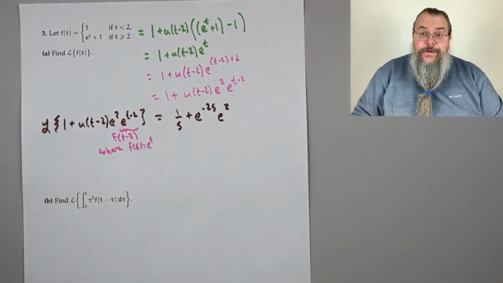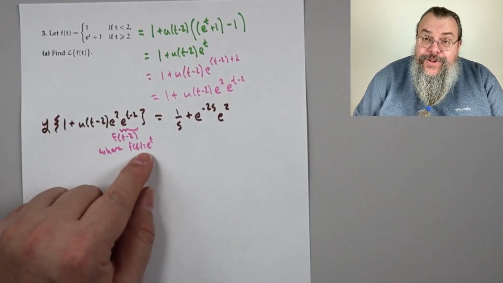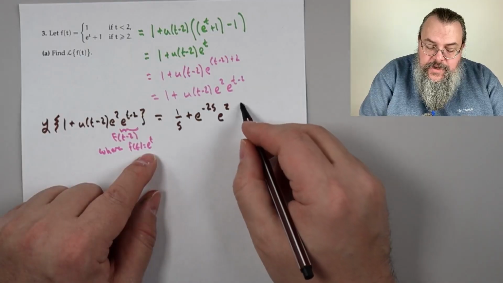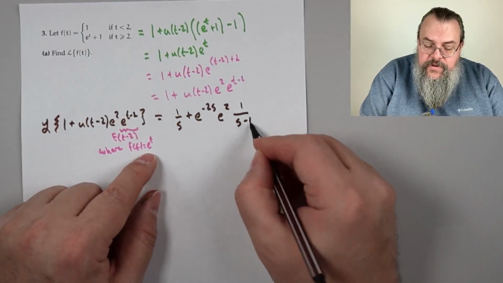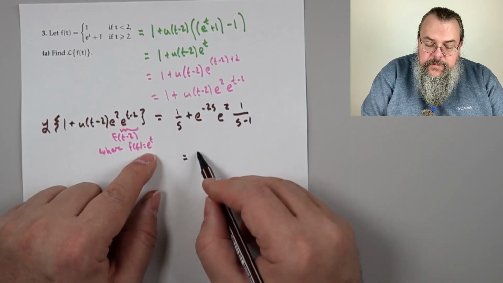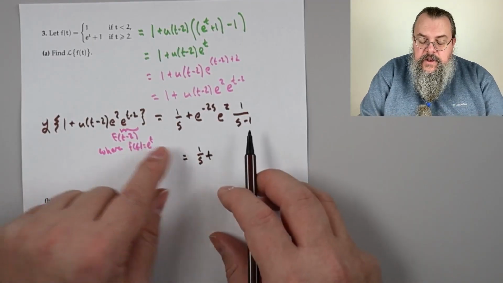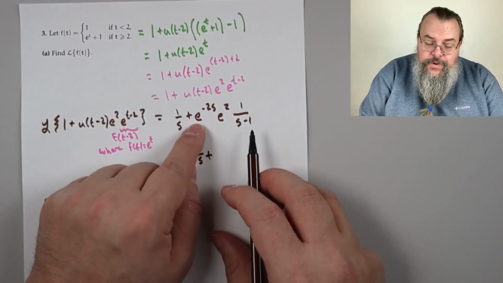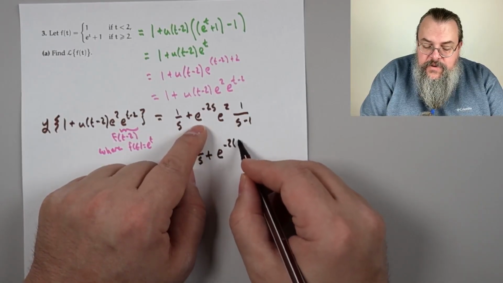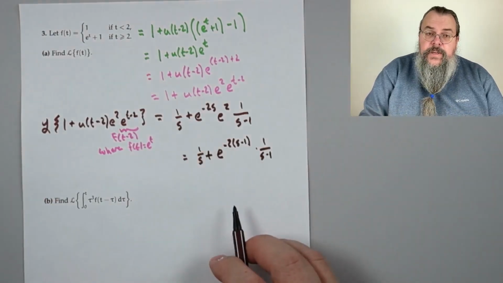Okay, great. So what's the Laplace transform of e^t? We use our rules, and the Laplace transform of e^t is 1 over (s-1). Now, if you like, you can put these together. So this becomes 1 over s plus, you can pull out a minus 2, you don't need to, e^(-2(s-1)) times 1 over (s-1).